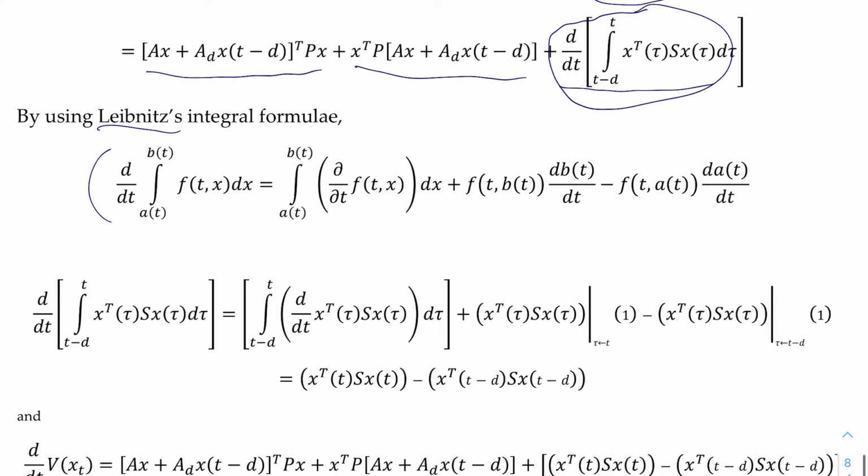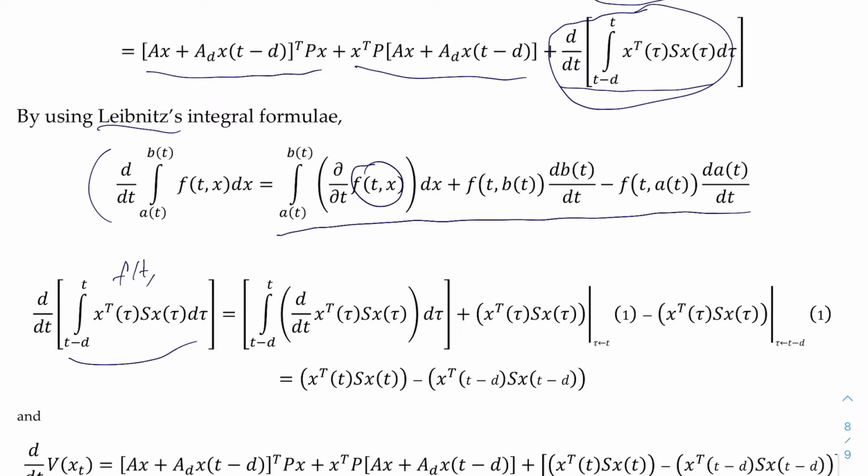Let me zoom out a little. This is the formula, right? Here, for example, it says f(t, x), however there is no x here. There is a tau term available.